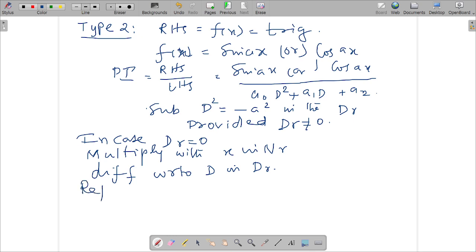Repeat the same step until the denominator is not equal to 0.